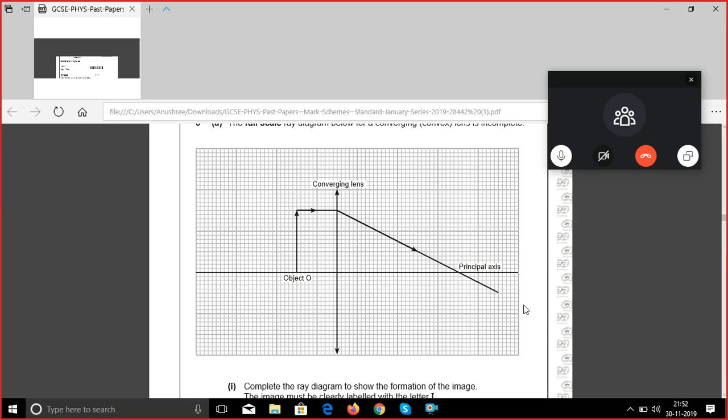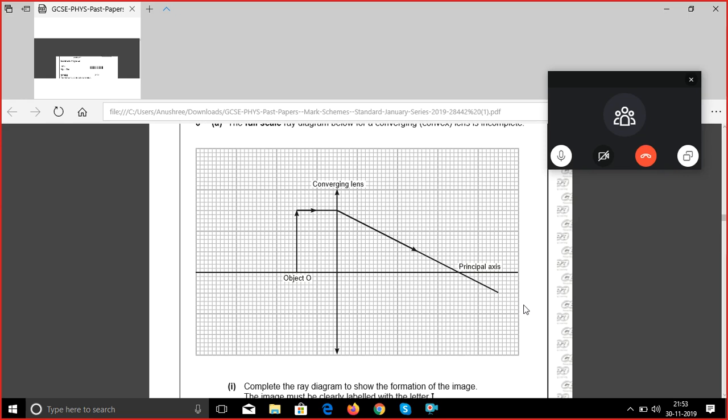The focus is where the ray meets the principal axis. And I need to complete the ray diagram to show the formation of the image. So the image is going to be virtual. First tell me where the object is.